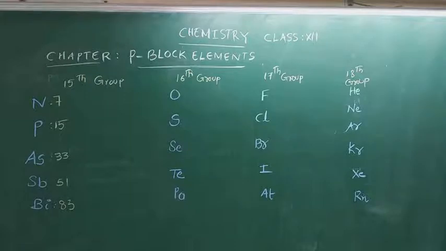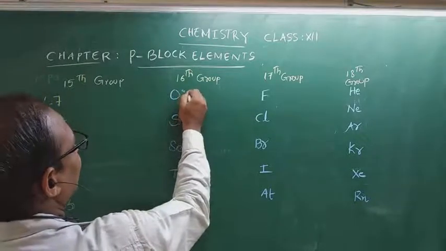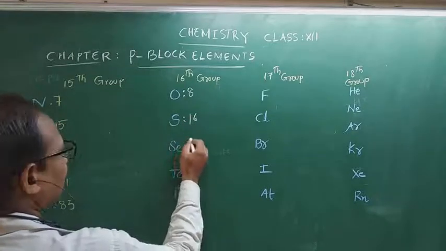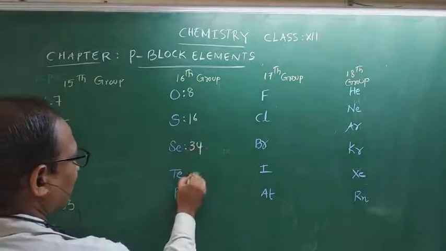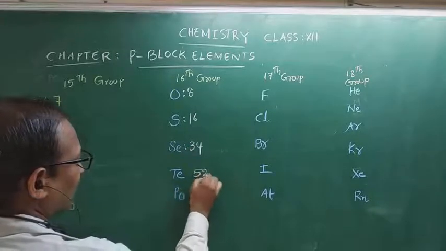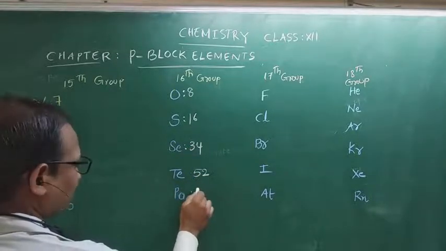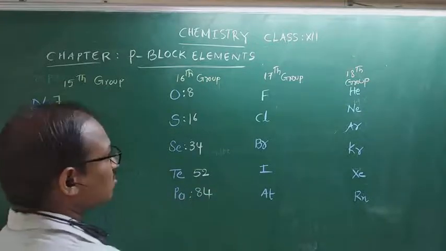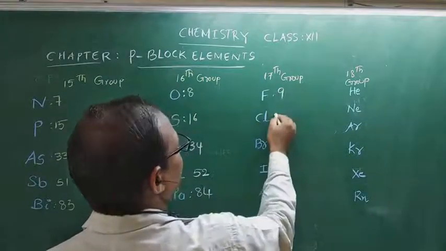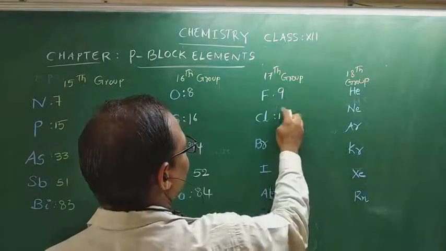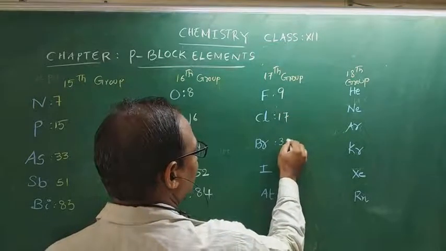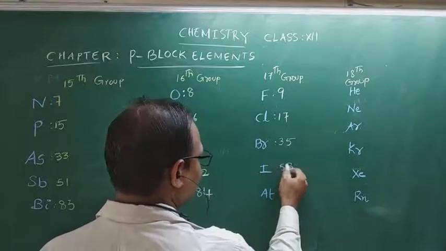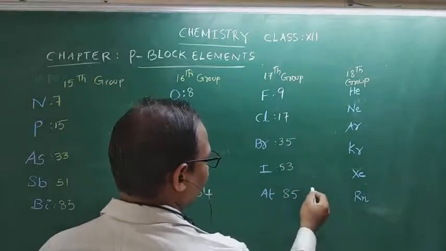The same way, oxygen, atomic number 8, sulfur 16, 16 plus 18, 34, 34 plus 18, 52, 52 plus 32, 84. Even the same, fluorine atomic number 9, chlorine 17, 9 plus 8, 17, 17 plus 18, 35, 35 plus 18, 53, 53 plus 32, 85.